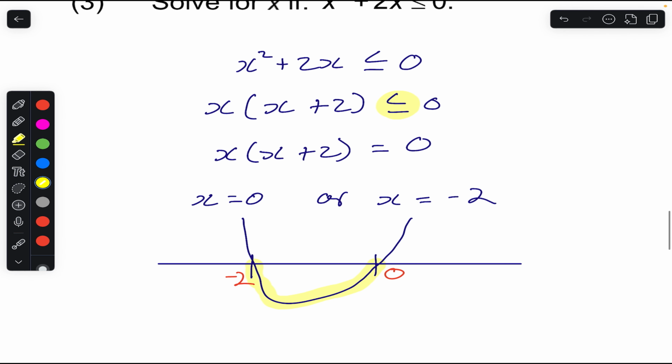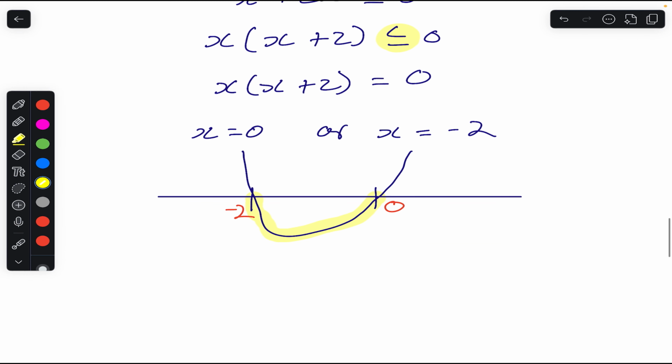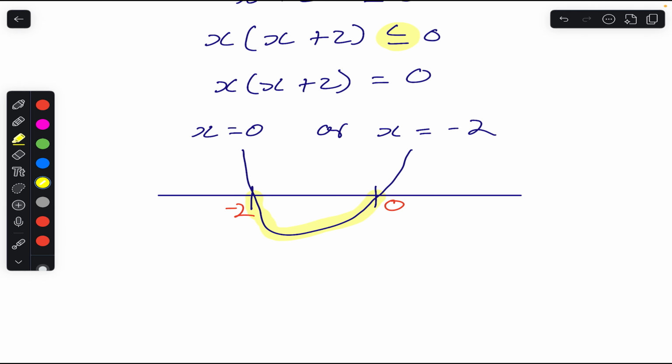The key thing here is that we want to look at my intervals. So for my function to be smaller than 0 for these x values, I will need x to be smaller or equal to 0, and x must be greater or equal to -2.